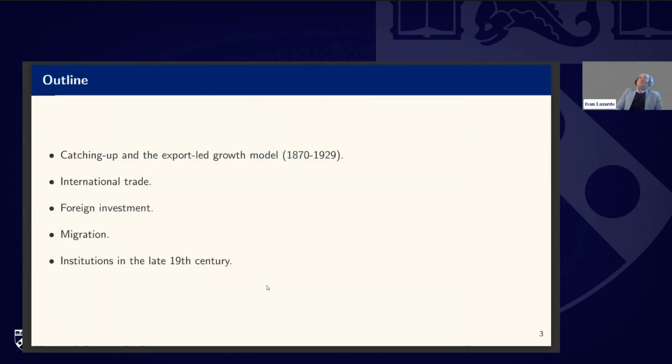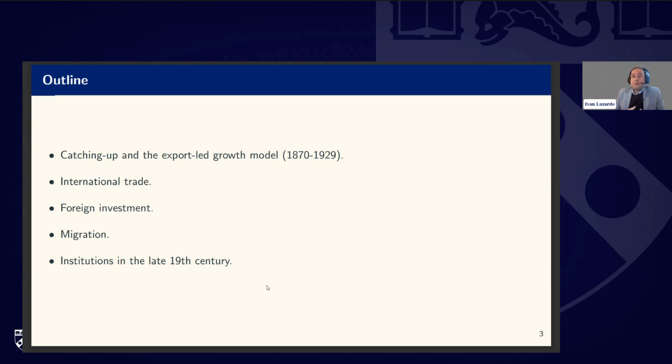So we will try to explain that transformation, that transition from stagnation toward growth. Don't take me wrong. I am not saying that there was no period of prosperity before in Latin America, but the main difference between modern economic growth and the pre-modern period is that in modern economic growth, we can see a persistent, permanent increase in the income per capita in countries that experienced that transformation.